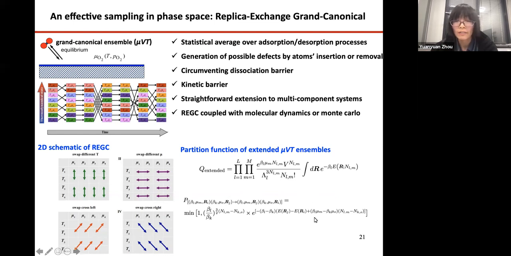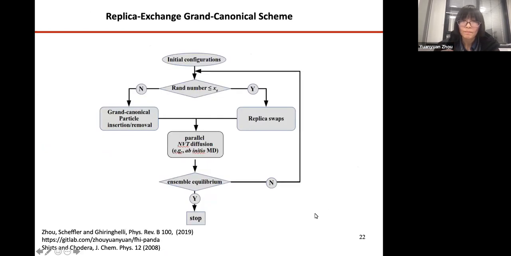So we should have some overlap between the neighboring replicas. But of course, you cannot just place the neighboring replicas as close as possible. This will make your computation really heavy, and it doesn't really make sense here.